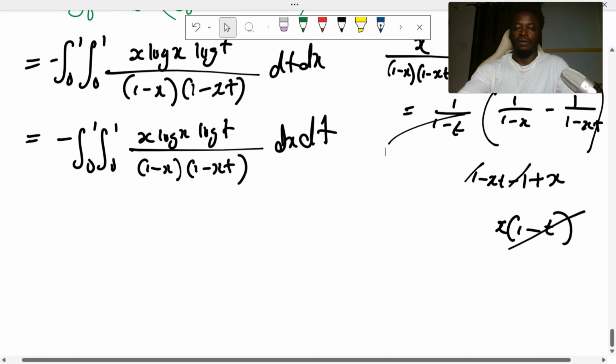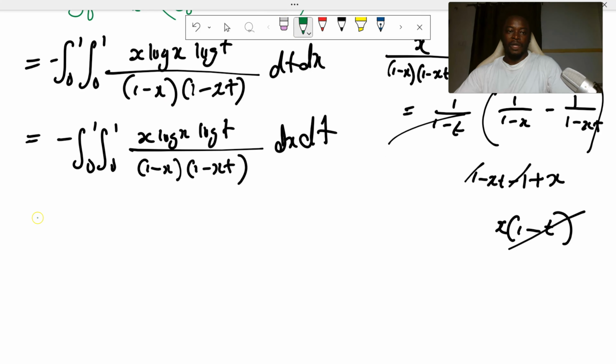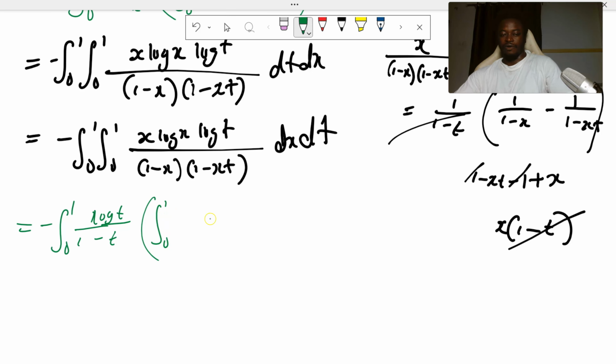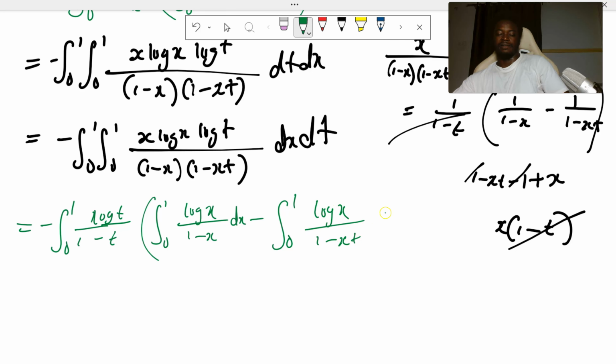So we could move on like this and say this equals negative the integral from 0 to 1 of log t all divided by 1 minus t times the integral from 0 to 1 of log x all divided by 1 minus x, and then minus the integral dx, of course, minus the integral from 0 to 1 of log x all divided by 1 minus xt dx, then dt.